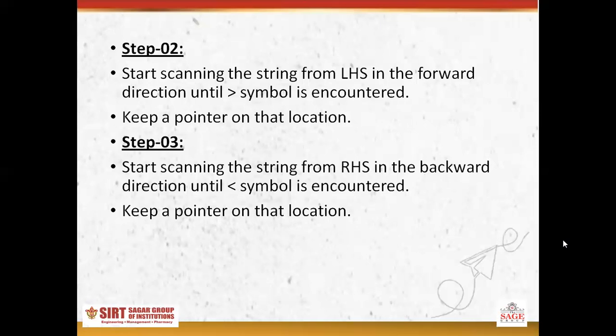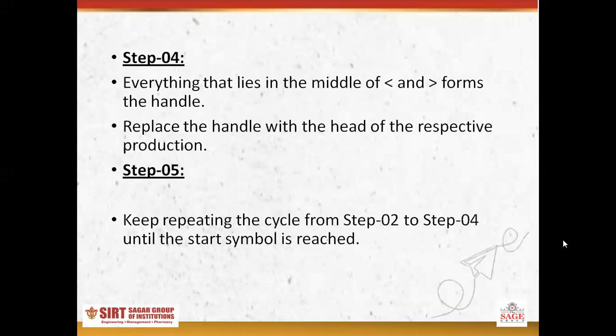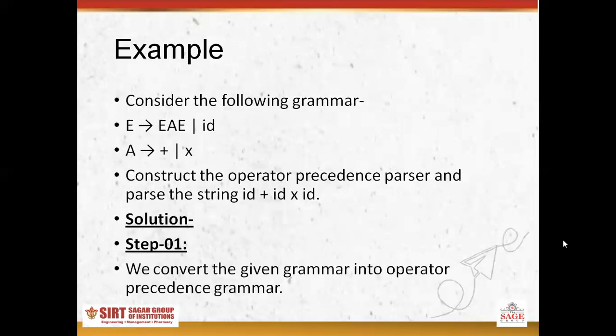Keep a pointer on the location. Step number 4: everything that lies in the middle of greater than and less than forms the handle. Replace the handle with the head of the respective production. Step number 5: keep repeating the cycle from step 2 to step 4 until the start symbol is reached.